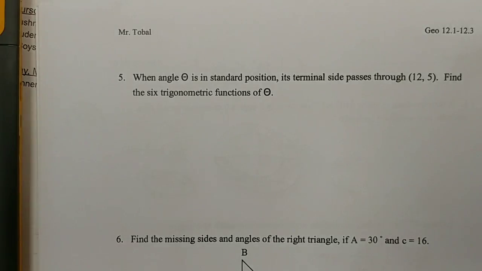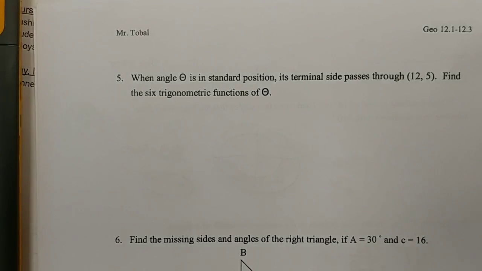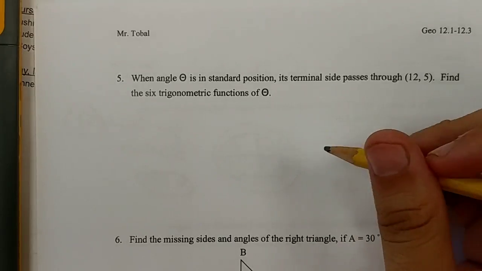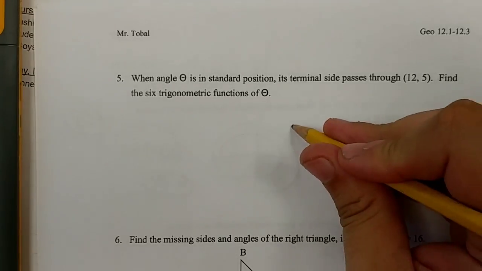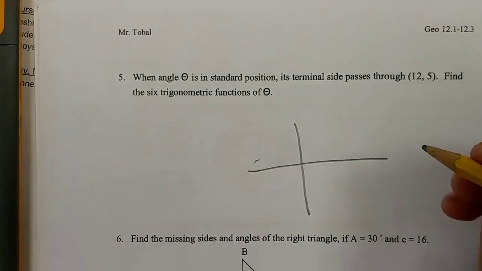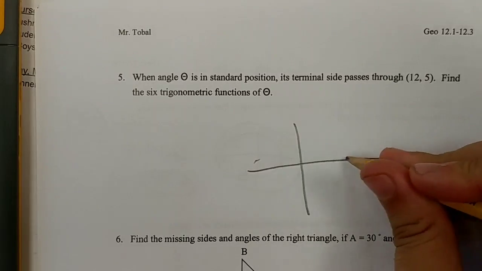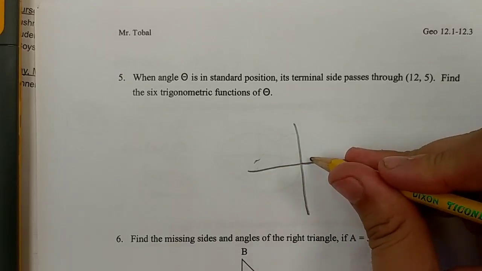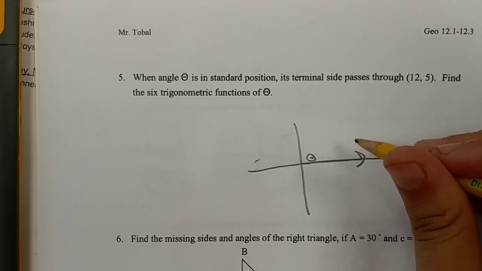When the angle is in standard position, the terminal side passes through 12, 5. Find the 6 trigonometric functions of theta. So when the angle's in standard position, it's an angle that has one line here and one line along this way, where theta comes from this side.